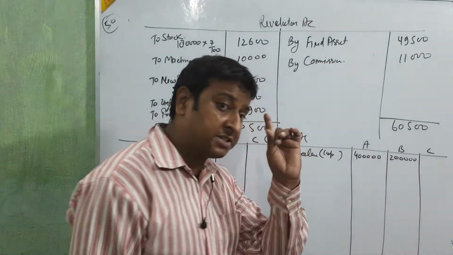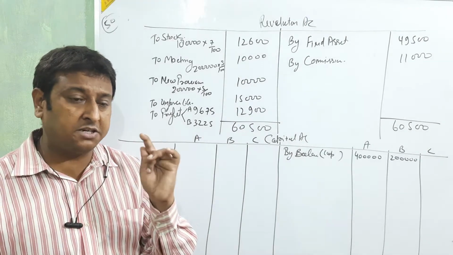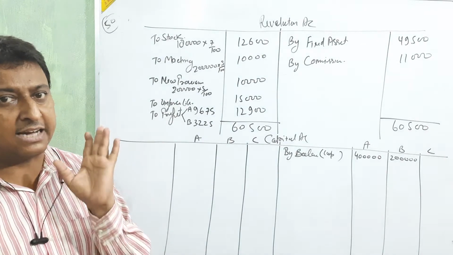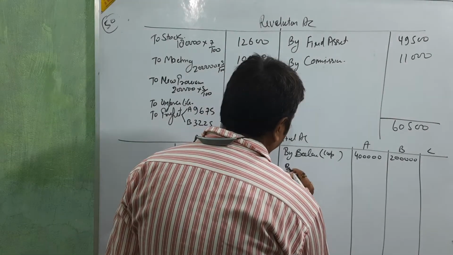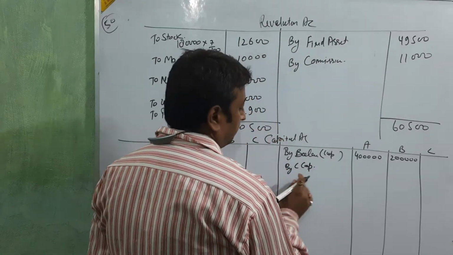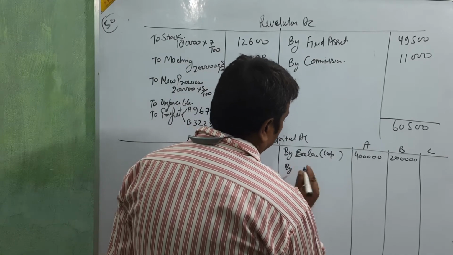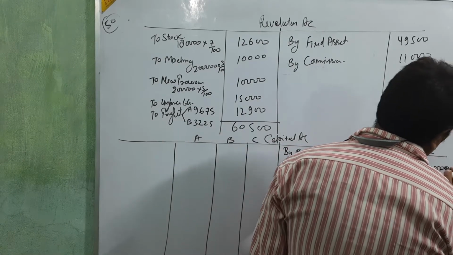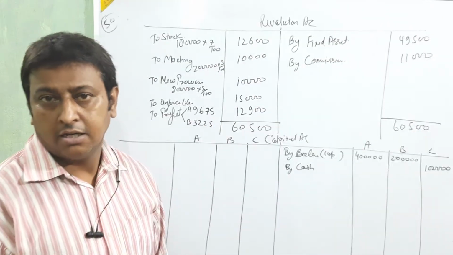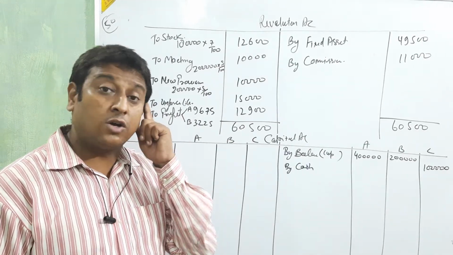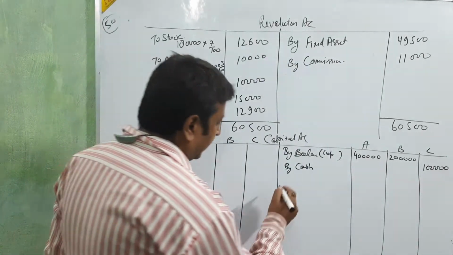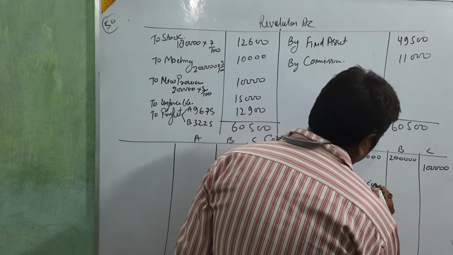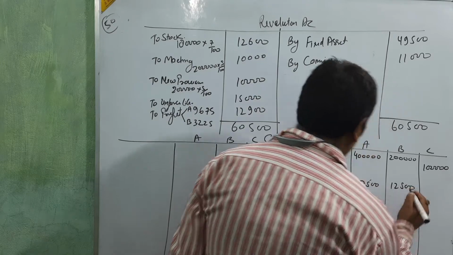And again see the first entry in your copy. Cash account debit to C capital, 1 lakh. Right here, by C capital, by cash 1 lakh. Then see the second entry, goodwill. Goodwill will be distributed, beta. By goodwill, transfer here: 37,500 and 12,500.